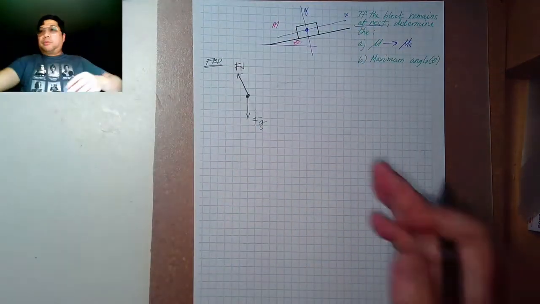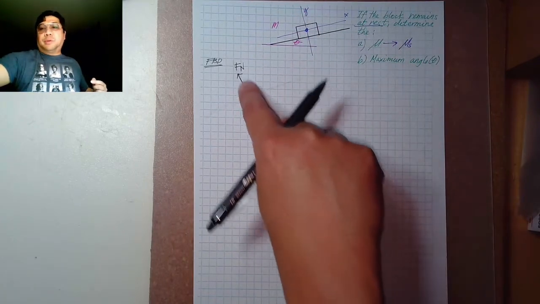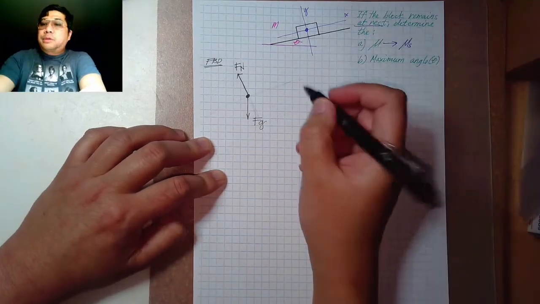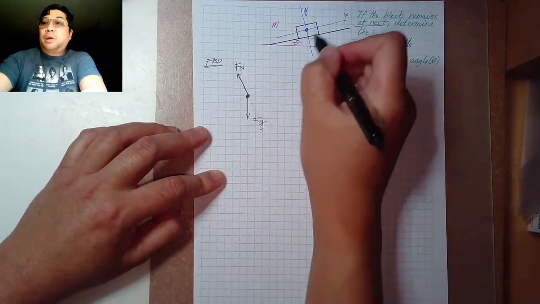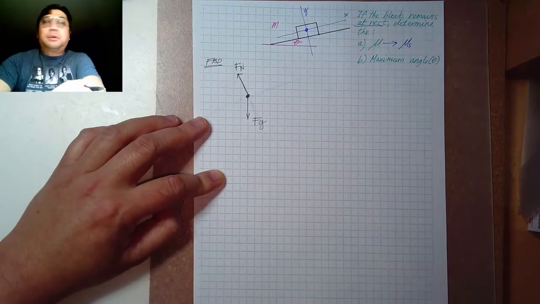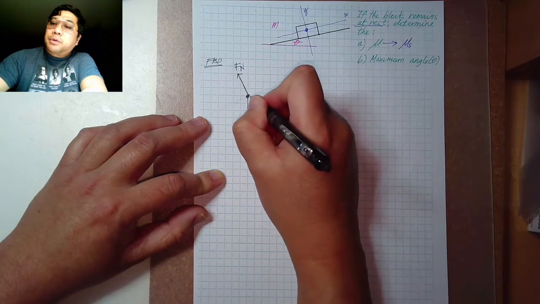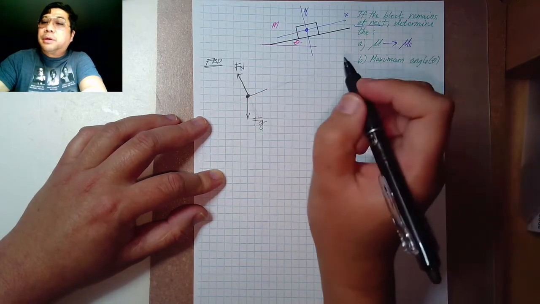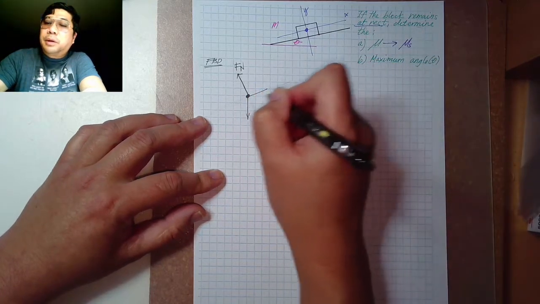Normal force is always perpendicular to the surface. And then of course gravity, we all know that the block is going to move towards the lower side of the plane or the inclined plane or the ramp. So the force of friction should be going in the opposite direction.